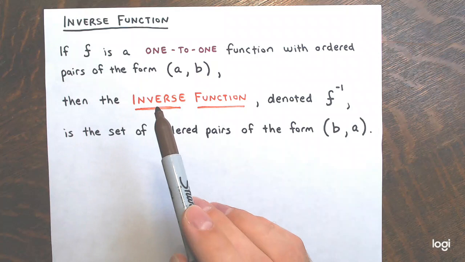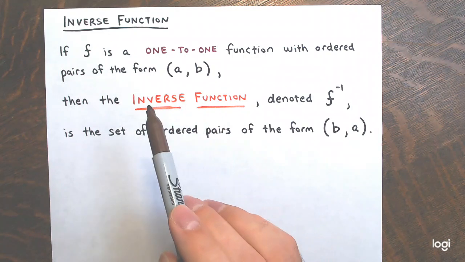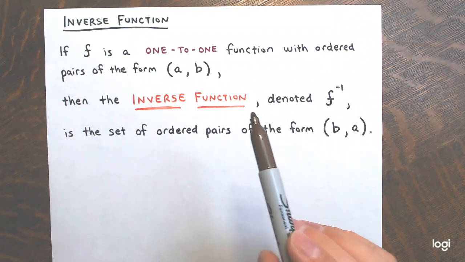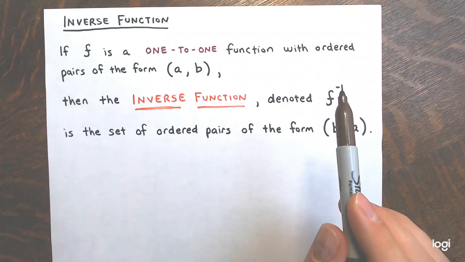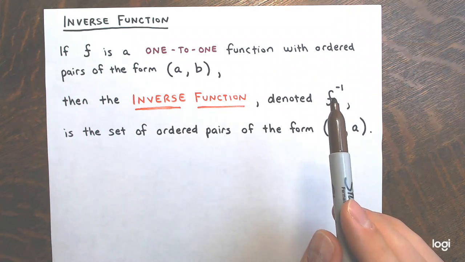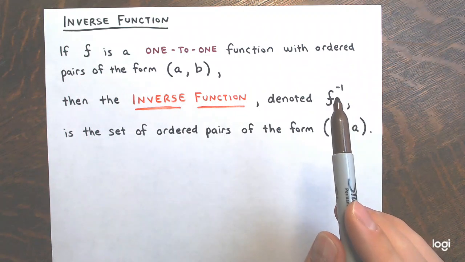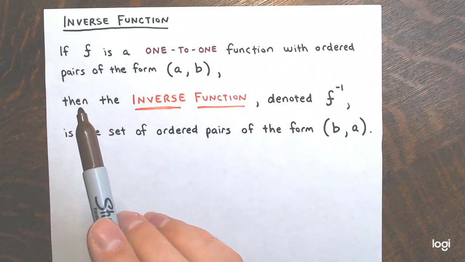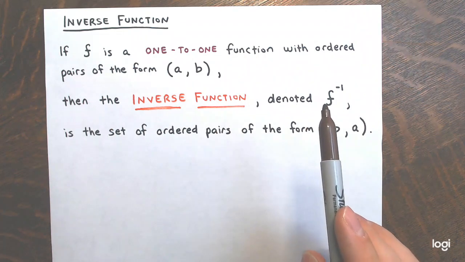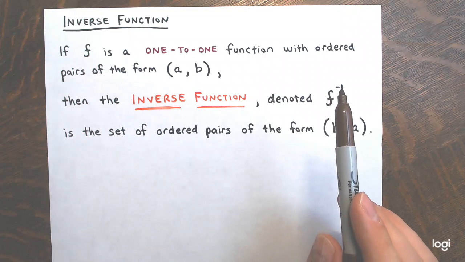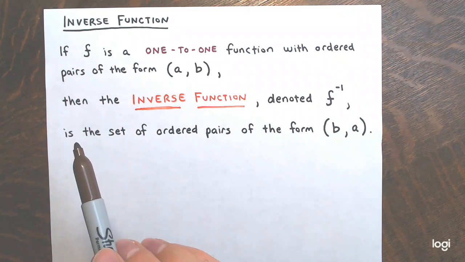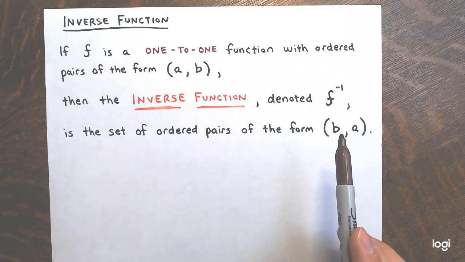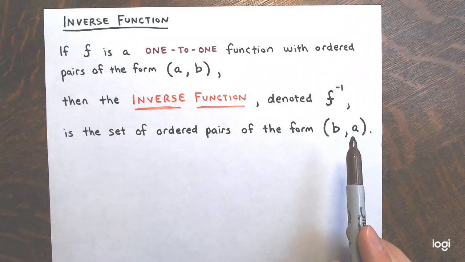Then the inverse of f, denoted by f with a little -1 as an exponent, f inverse, and I'll make a note about this notation in a second because people make mistakes with it a lot, is the set of ordered pairs of the form (b, a).